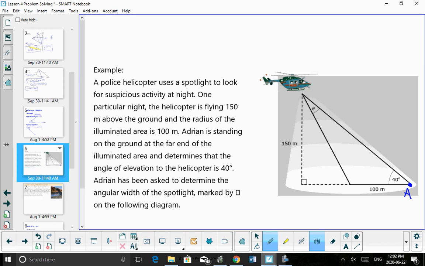And he determines the angle of elevation. So here's your horizontal line. He's looking up, so the angle of elevation is 40 degrees. Adrian's been asked to determine the angular width of the spotlight marked by theta. That should be a theta on the diagram. So we're looking for this right here. So even if you don't know what angular width is, you just have to go essentially based on the diagram. Okay, so what I hope you see here is I want you to be able to see two triangles.